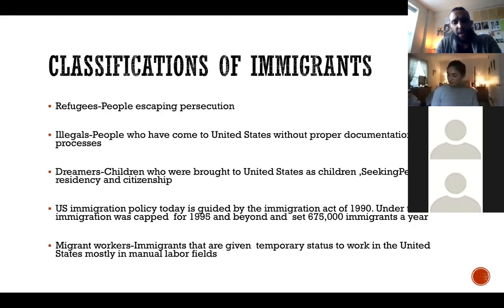These are people who are escaping persecution, such as war, famine, disease, political persecution. They leave their countries and they come here. We've had a lot of refugees from Cuba. We've had a lot of refugees from Haiti. We've had a lot of refugees from war-torn parts of the world, such as Syria, who come to the United States.